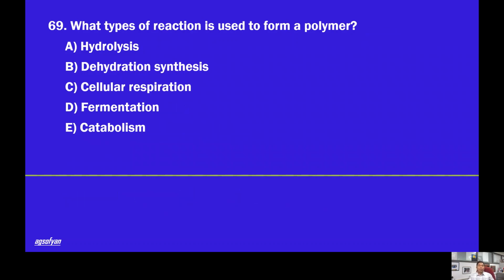69. What type of reaction is used to form a polymer? A. Hydrolysis, B. Dehydration synthesis, C. Cellular respiration, D. Fermentation, E. Catabolism. Choose your answer. Yes, the answer will be dehydration synthesis.